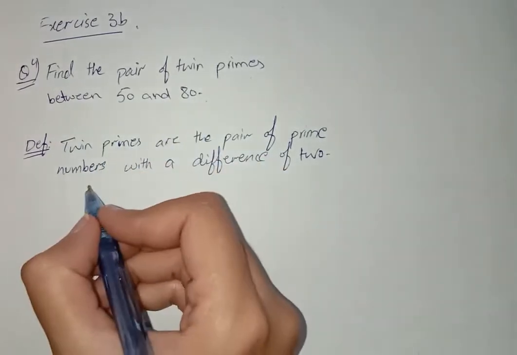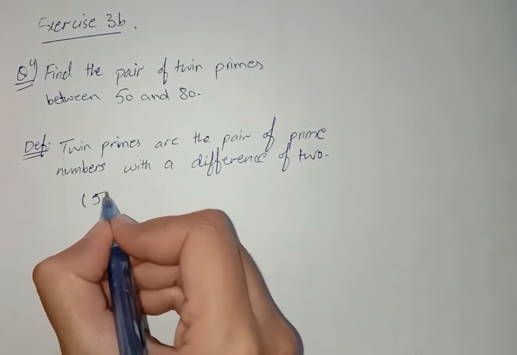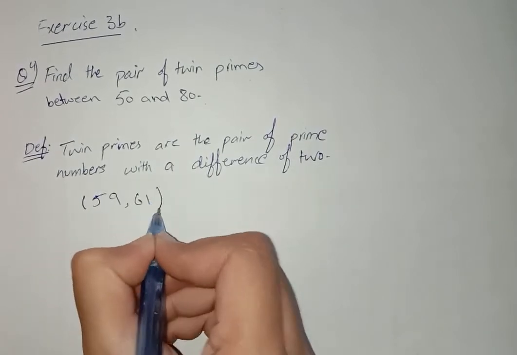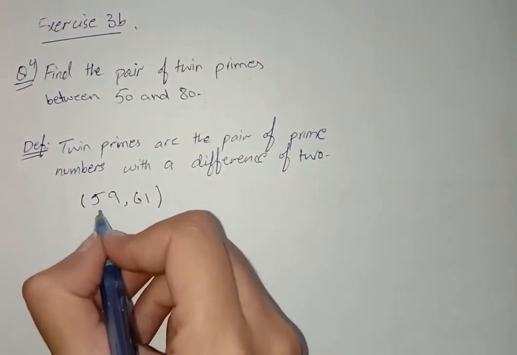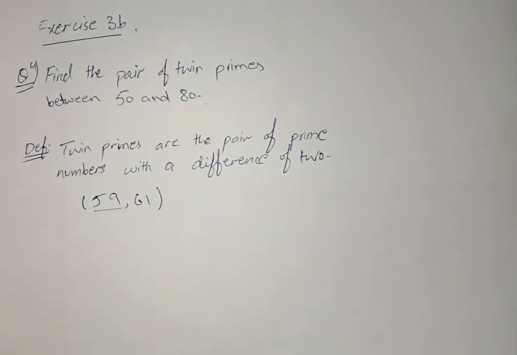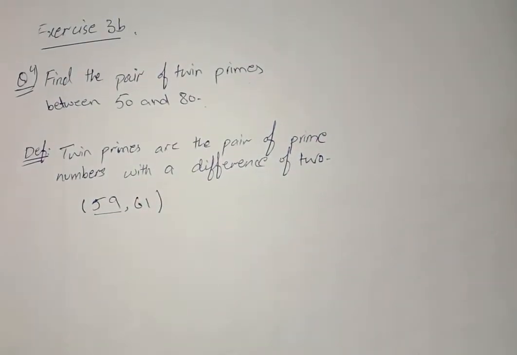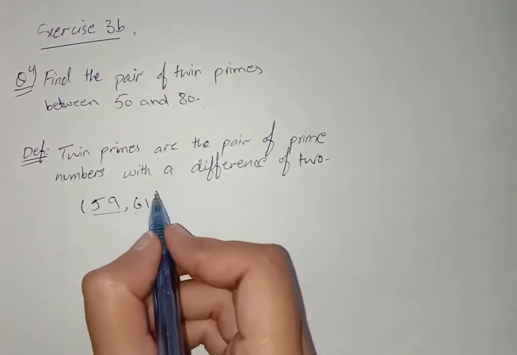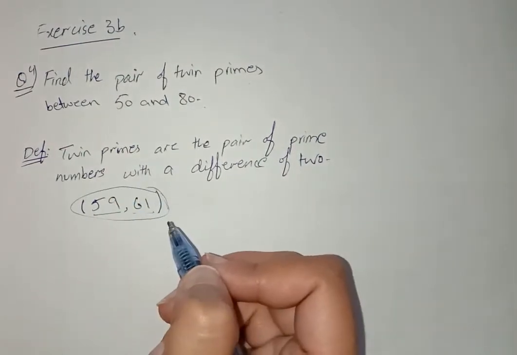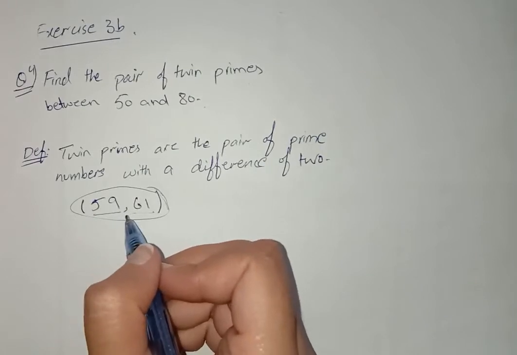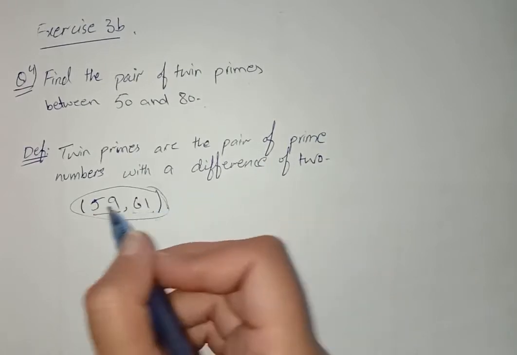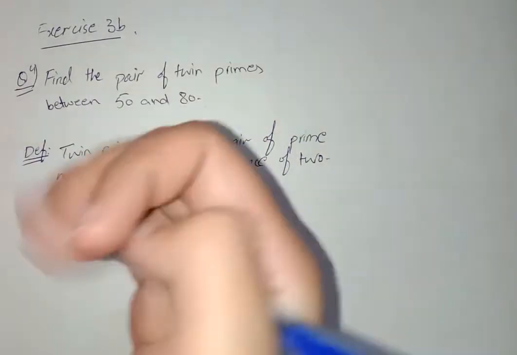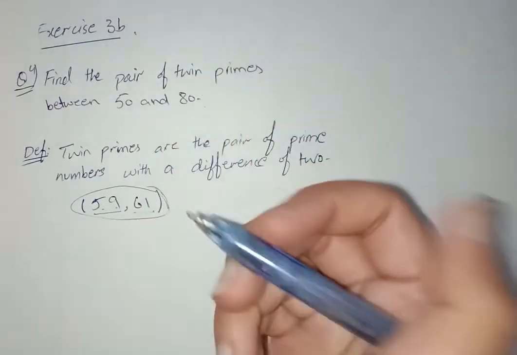So its first pair is 59 and 61. 59 comes only in its own table and in the table of 1. Also 61 is a prime number. These two numbers are twin primes because there is a difference of 2, as in 59, 60, 61.